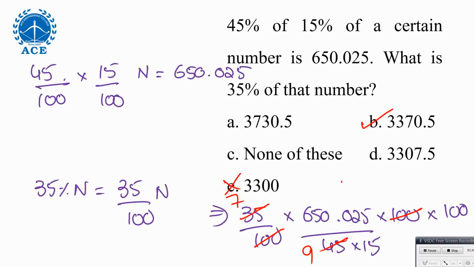Then we have to go with approximation, like take this as 650. The main issue here is 650.025. Take 650 and proceed. See the options nearby: 3,300, 3,370, a 70 gap, 3,700, a 400 gap. 0.025 will not contribute to that 30 and 40 and all. So I suggest when you get up to here, take this as 650 only.